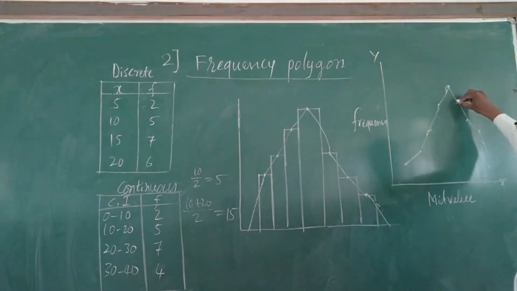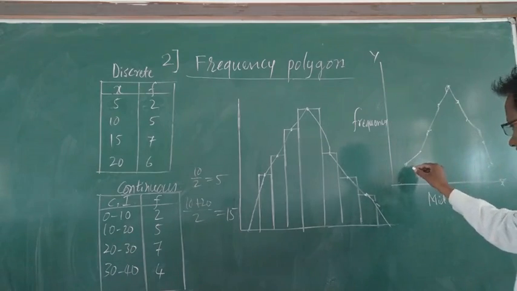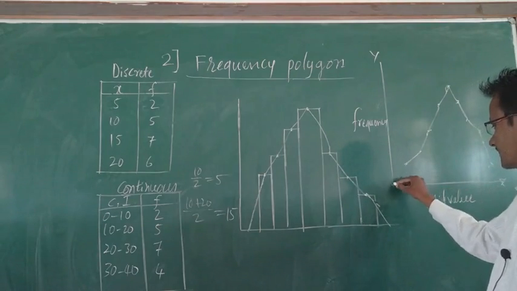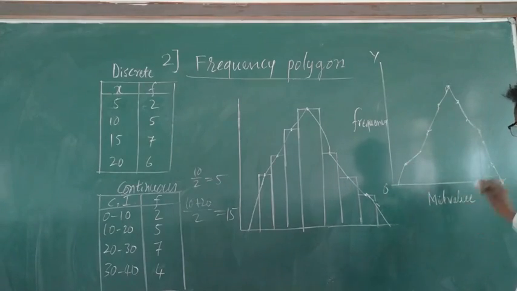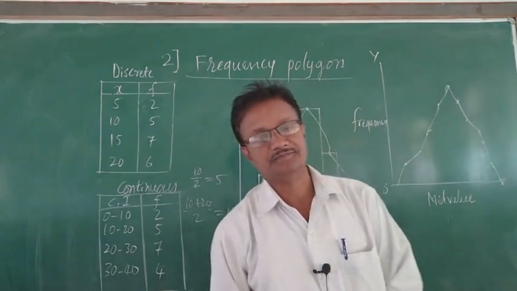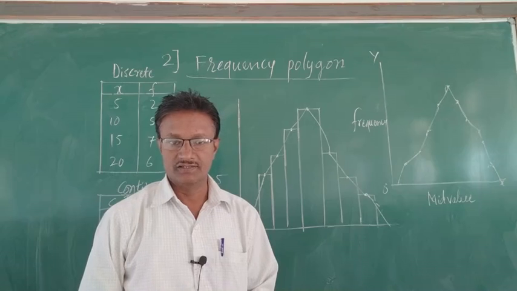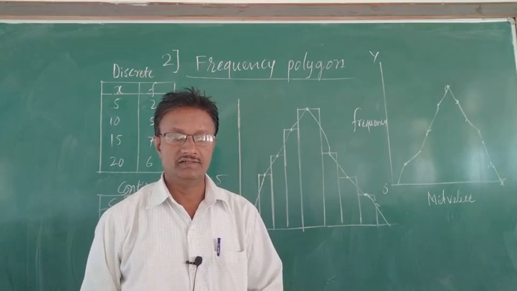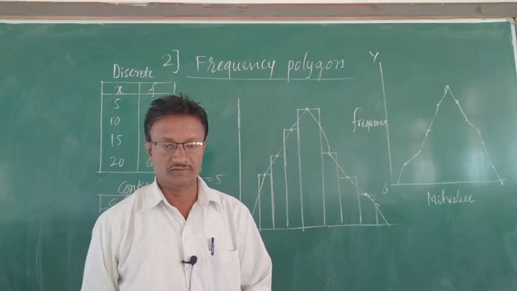All the points are joined by a straight line, and for the next midpoint at 0 frequency we have to join this line. In such a way we get frequency polygon. Let us take an example for construction of frequency polygon.